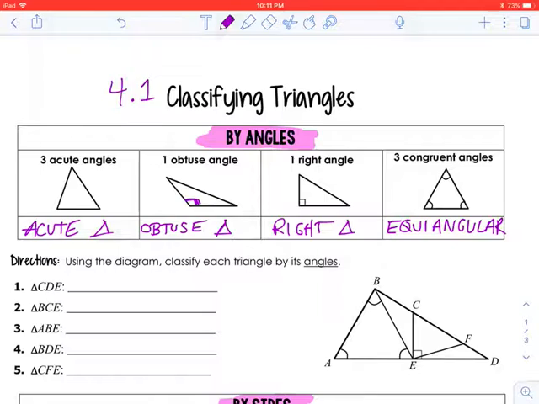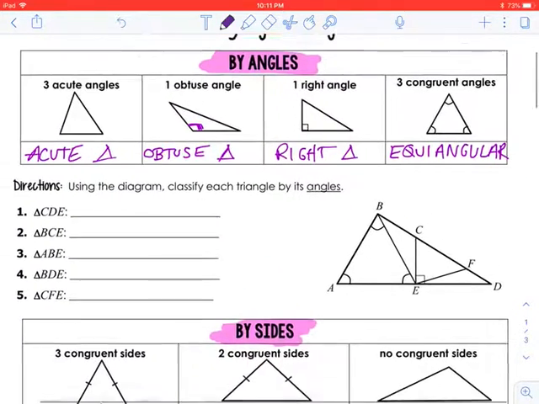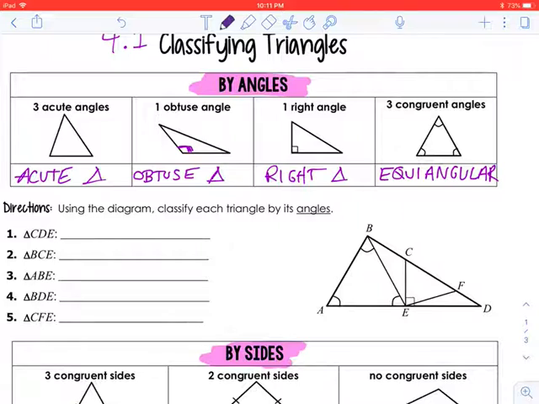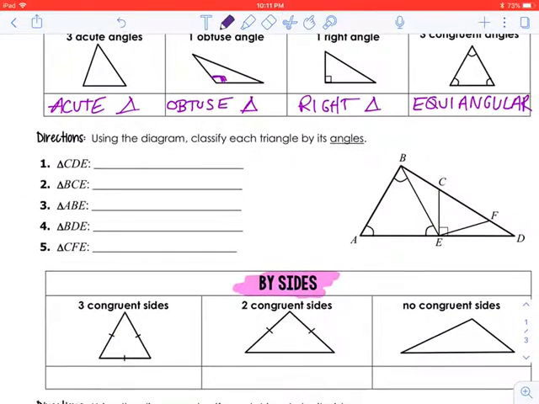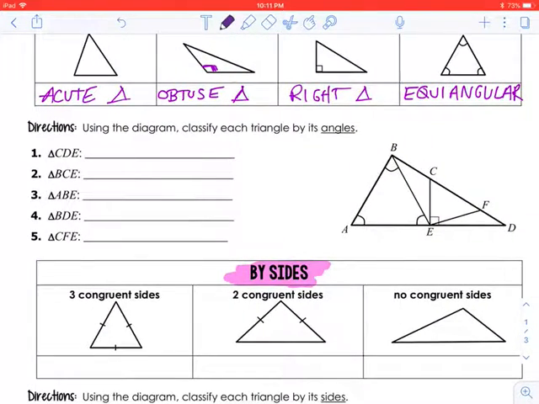And so equiangular goes right along with something else in this next part here. So you don't have to write this down, but just to run through that. CDE, that's that triangle. It has a right angle, so that is a right triangle.